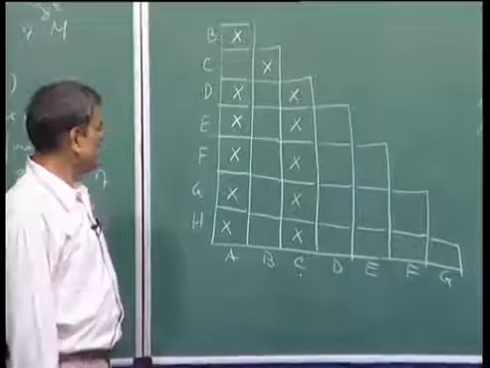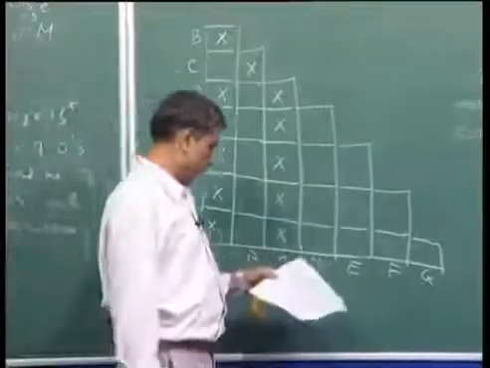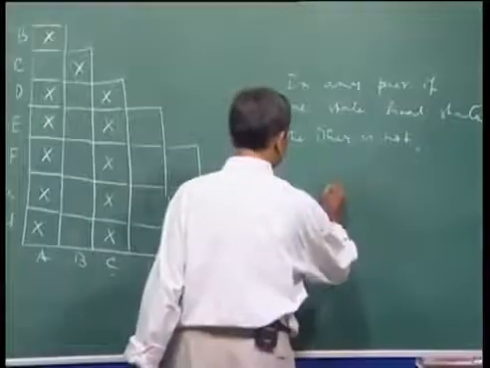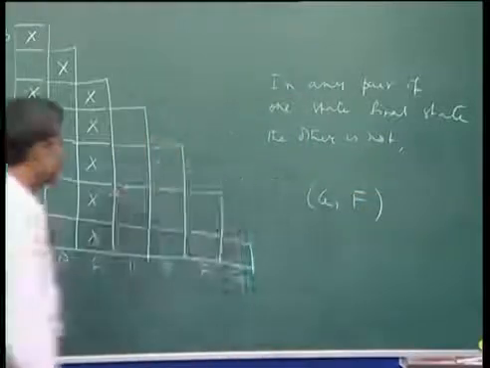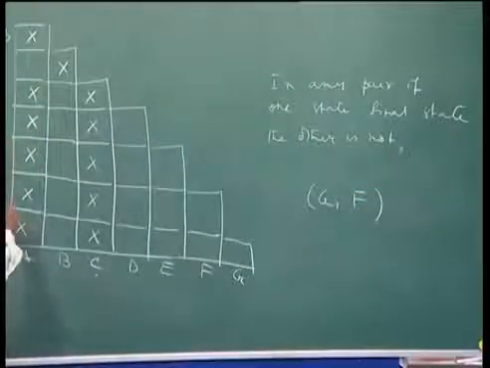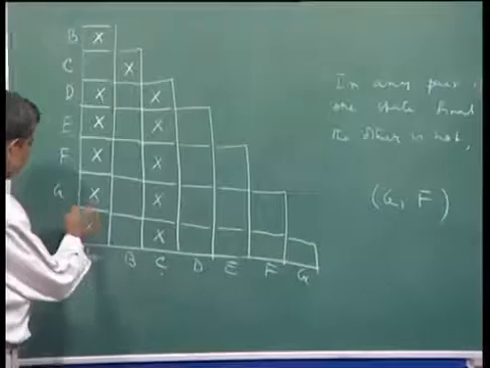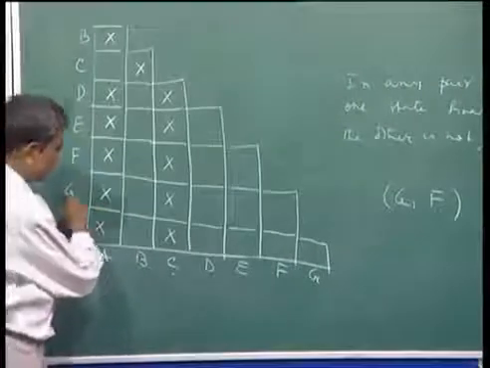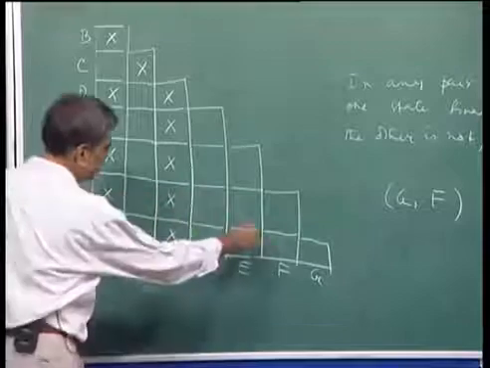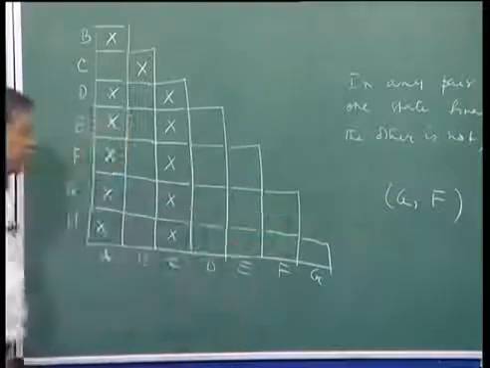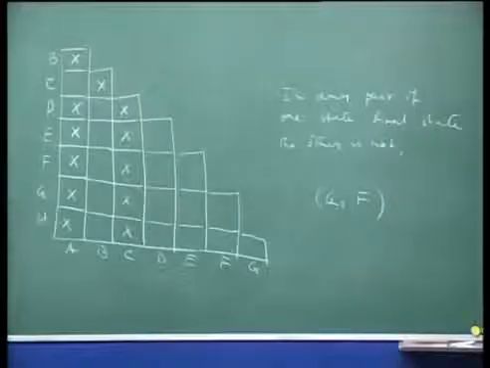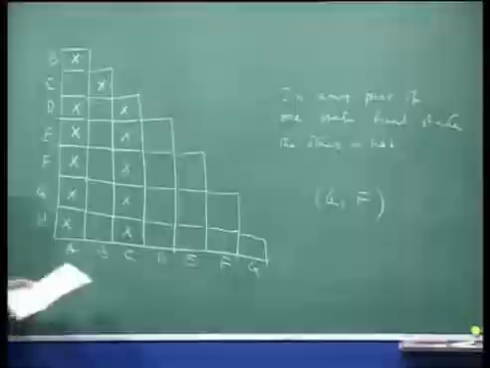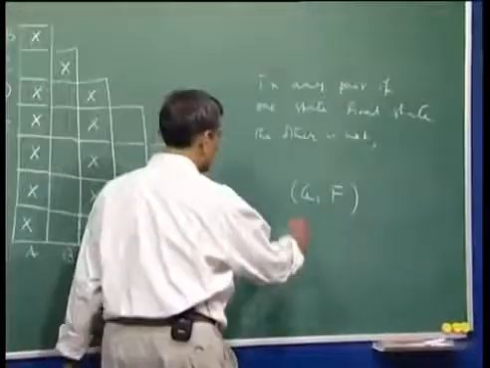Now, take a pair, let us say G and F. In the initialization phase, we did not find this to be distinguishable. So, that is why we did not put a mark, but consider what happens when we provide a 0 to this.